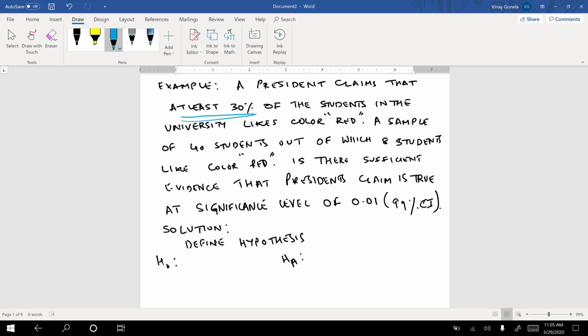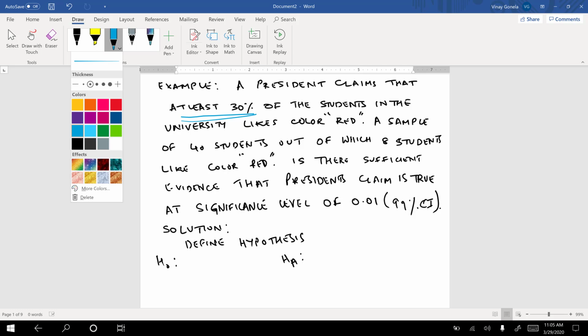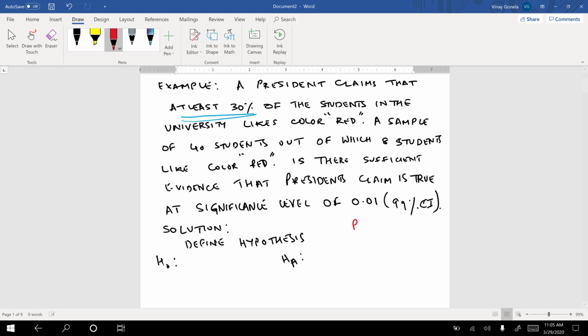Proportion is represented by P. P is X over N for population. P is population proportion. Since they gave P as 30%, our population proportion would be 0.30.